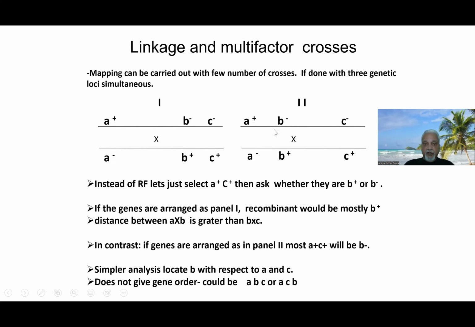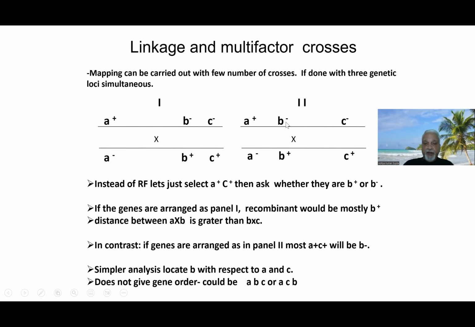Now in the two panels, you can see the difference. In the first, the distance between A and B is more as compared to B and C. But if you look at panel 2, the distance between A and B is less than B and C. So what we are trying to show here is that in one panel we are considering that B and C are linked, and in panel 2 we are considering A and B are linked.